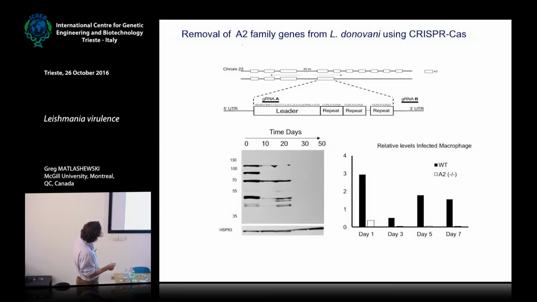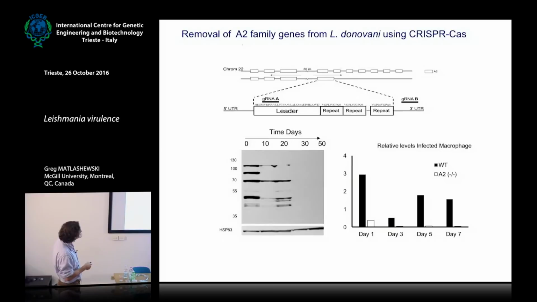But here he developed two guide RNAs, one guide RNA against the leader sequence and one guide RNA against the 3' UTR of these repeats. So now you have these guide RNAs being expressed, and it's expressing the Cas gene in Leishmania, and we just throw the plasmids into Leishmania donovani and see what happens.